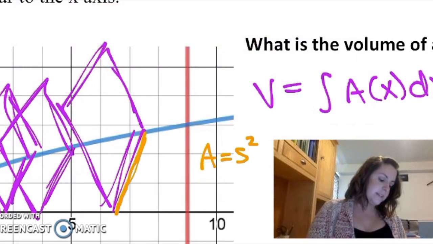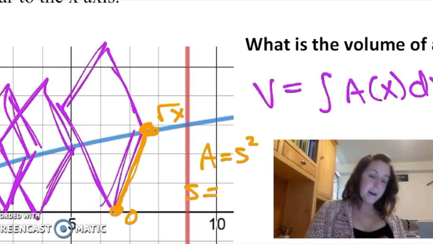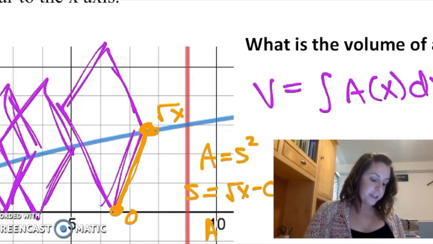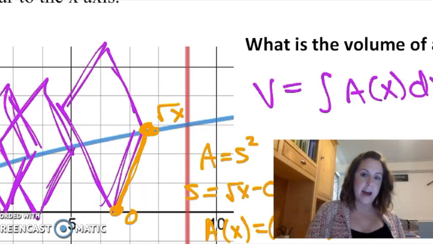The length of one side, S, would be my top minus my bottom. So square root x, and the bottom function is just 0. So this would be square root x minus 0. Your area function here is square root x minus 0 squared, or just x.